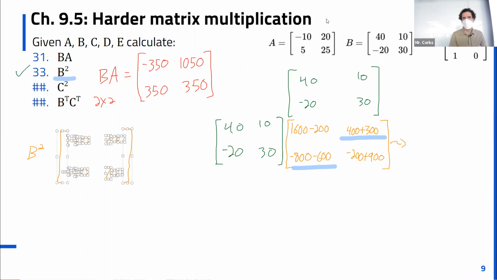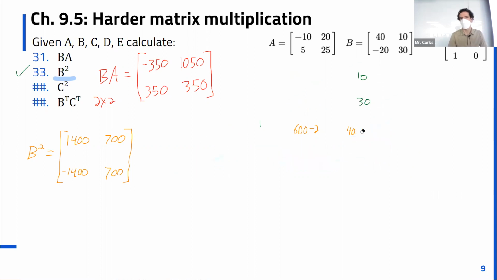What about our next one, C squared? Impossible, we say. So C is a 3 by 2 matrix, and C, again, a 3 by 2 matrix. So the inside numbers are not matching, so that won't work.